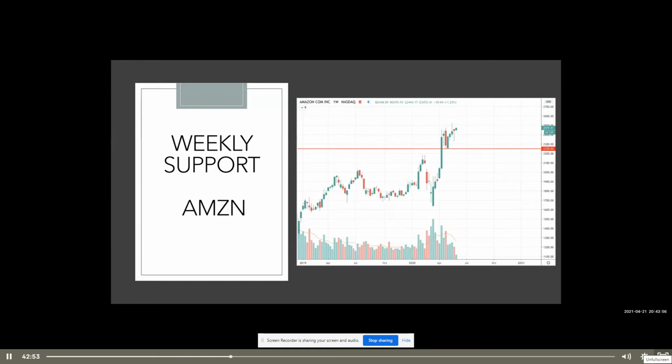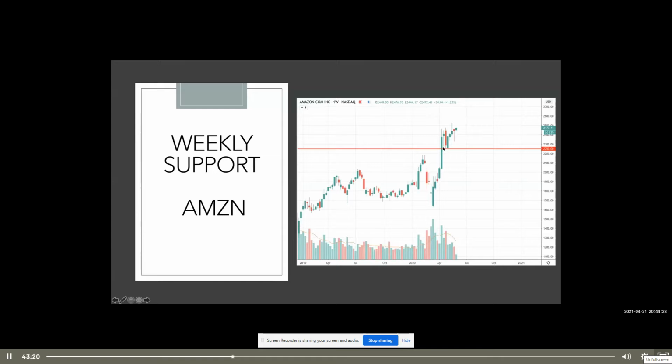So looking at this, you can see Amazon had a weekly support. This is not very current. It's not super old, but it's not very current, but that doesn't matter. It's just the concept that we're looking at, all right? You can see here, this candle, right? Aristotle talked about candlesticks. This candle on the weekly time frame came down to the down tick right there.